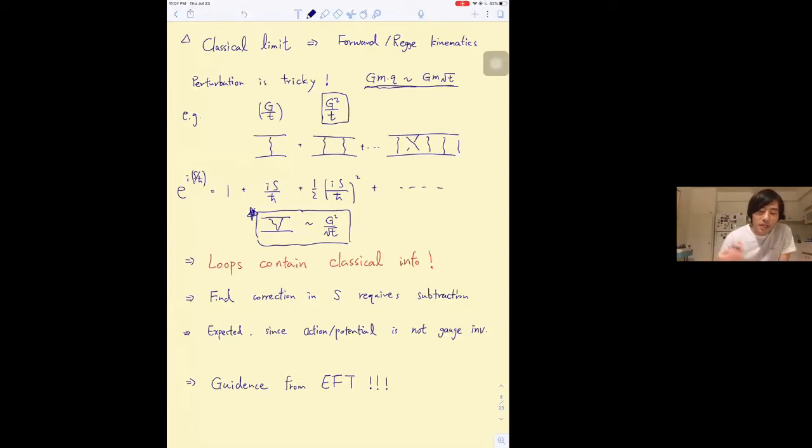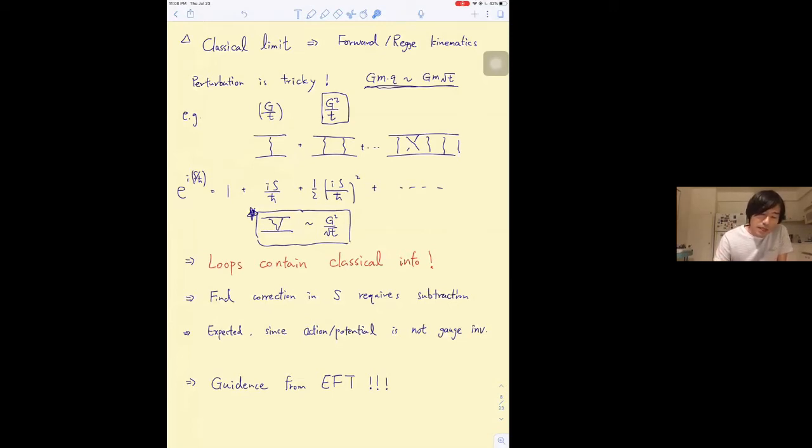You might find that weird in the very beginning, but a simple way to explain this is from, say, the WKB approximation, because we have an action like e to the i S over h bar. For order G, we have this linear in the action. But for order G squared, it could come in 2 places. One is that you have the action squared that gives you G squared, or basically the tree level squared part. But there's an order G squared correction coming from the action itself. So this is the part that we are interested in, but this part is actually just the lower order iteration.